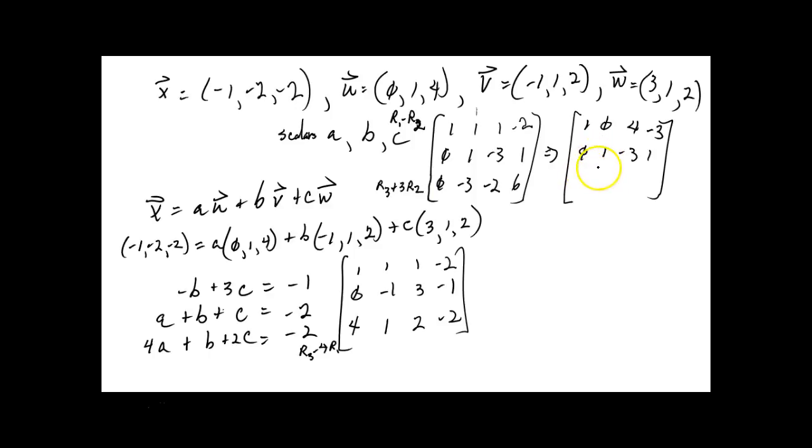What does the first become? 0. Second becomes a 0. The third becomes a negative 11. You're right. Okay, bad, boo hiss there.